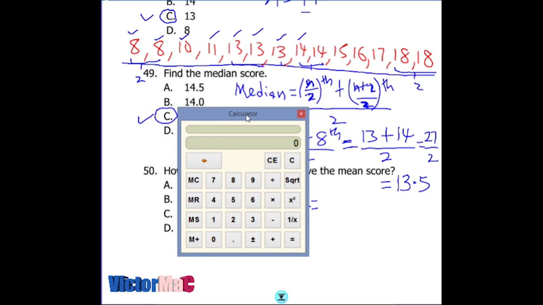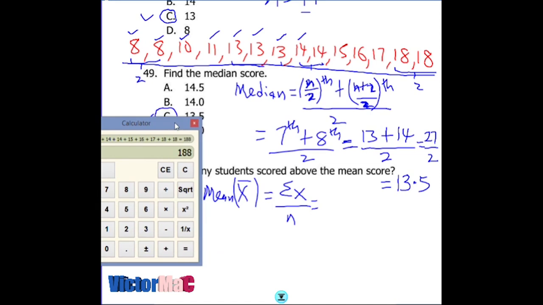So we have 8 plus 8 plus 10 plus 11 plus 13 plus 13 plus 13 plus 14 plus 14 plus 15 plus 16 plus 17 plus 18 plus 18, and the final answer is 188.